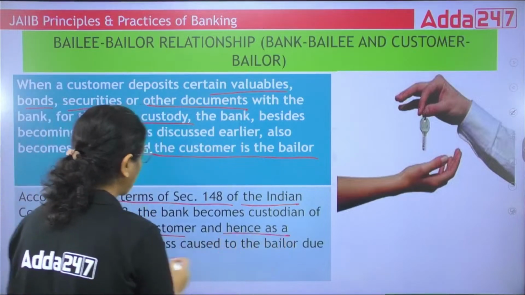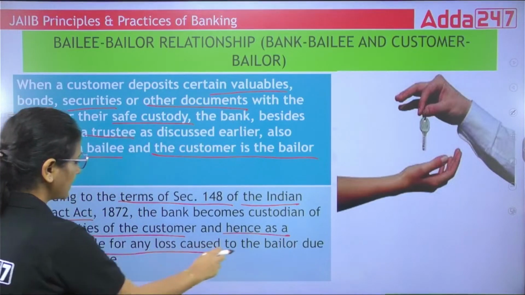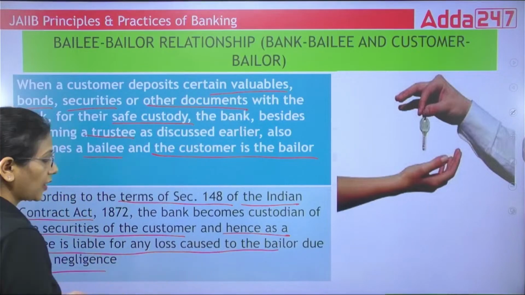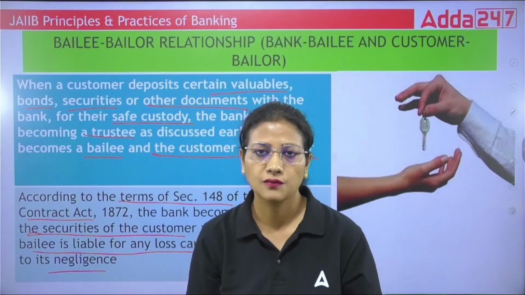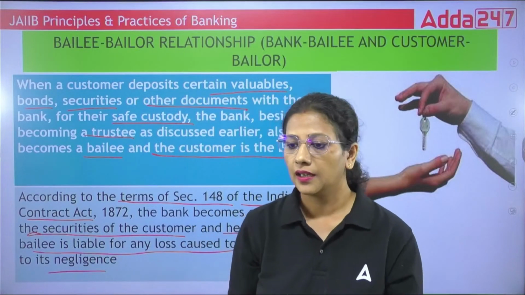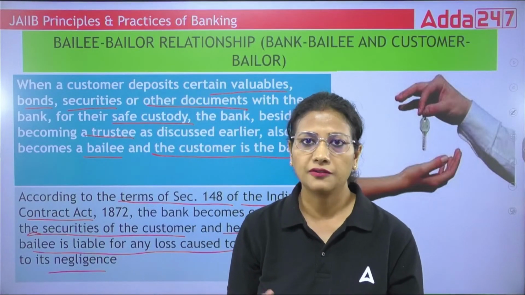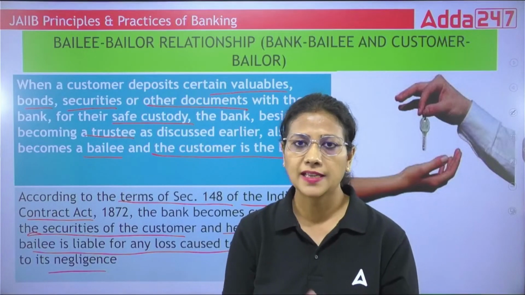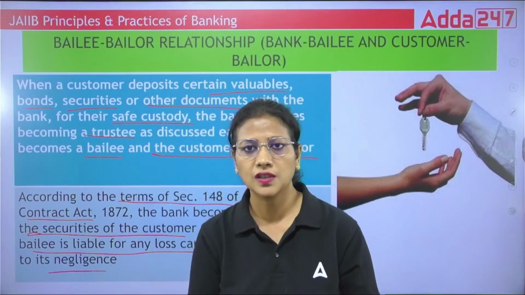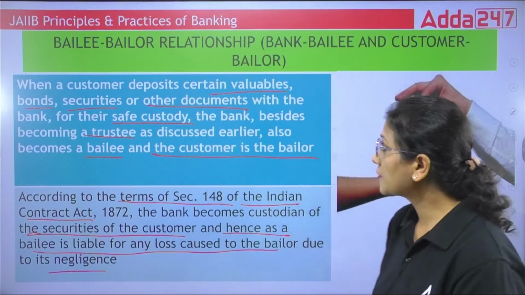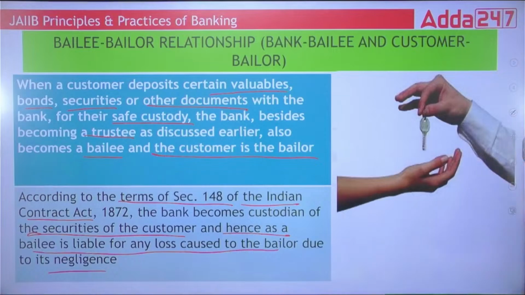So here the bank cannot exercise any kind of negligence, because the bank will become liable for any loss incurred by the customer, if whatever has been kept with the bank is damaged due to the negligence of the bank. So in that case we have the bailee-bailor relationship.